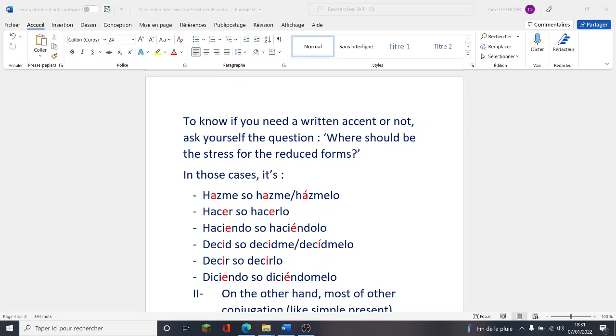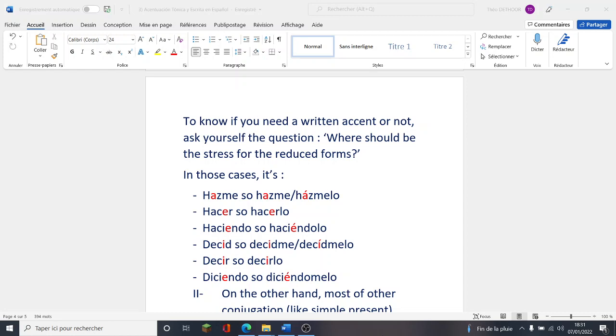Fifth example was decirlo. Decirlo comes from the infinitive decir, which is stressed on the I, and it's basically the same example as the second one. You will have decirlo, and you don't need any written accent, because right now the word is ending with a vowel, so the last but one syllable is stressed, and as we have a new syllable in the word, the I is already stressed.